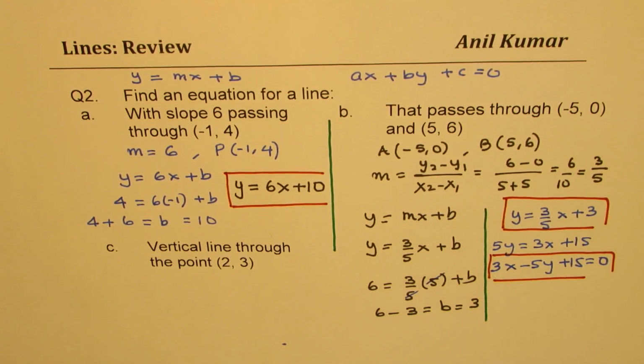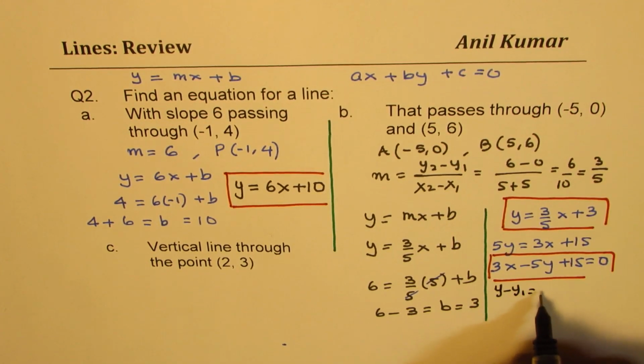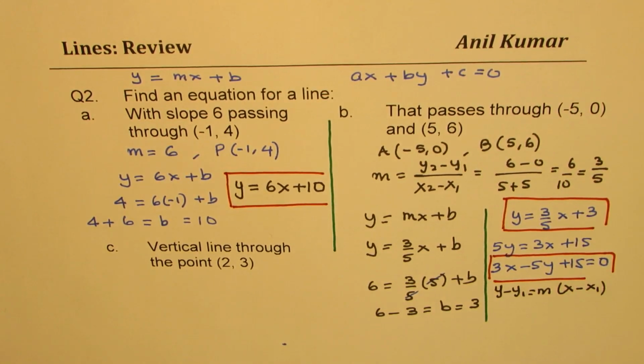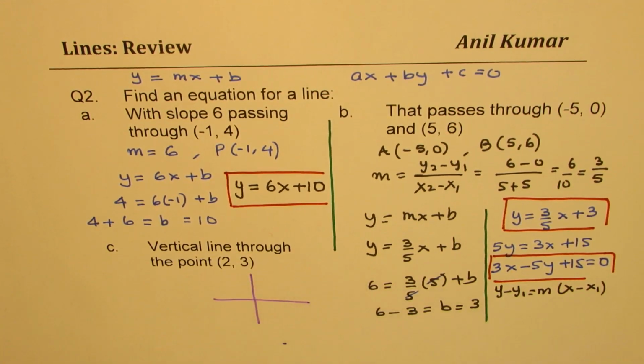Well, some of you could also use the formula y minus y1 equals m times x minus x1 to get the equation in standard form. Okay. Part C. Vertical line through a particular point, 2, 3. So when we are talking about a vertical line, I hope you understand, it has undefined slope.